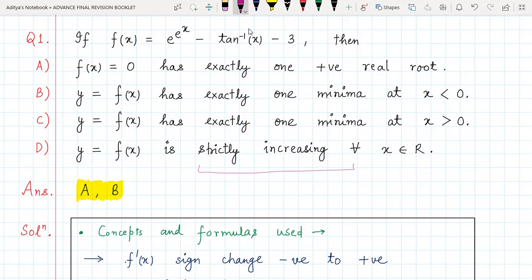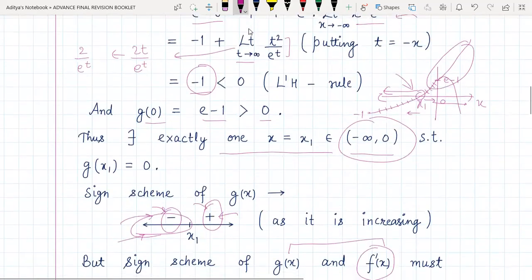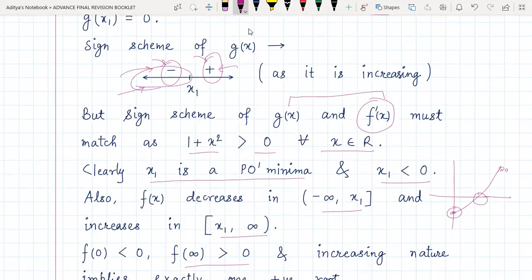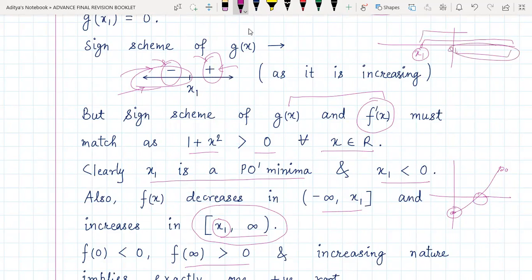Look, what we are trying to say is it is actually increasing for all x belonging to this interval, and x1 is a negative quantity. So from x1 to all numbers till infinity, the function is increasing. So obviously it also increases from 0 to infinity, because this is just a subset of this bigger set.